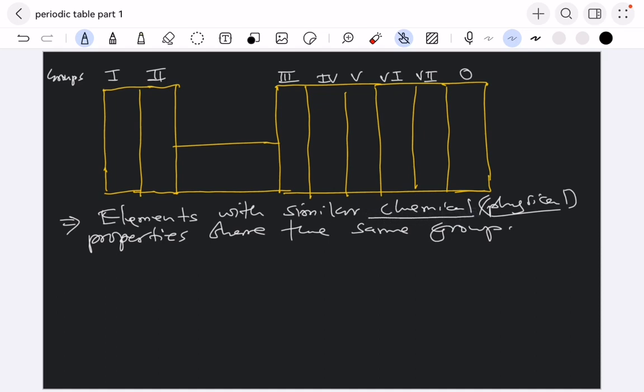So if they have similarities in their chemical properties or in their chemical behavior, those elements should be placed in the same group.